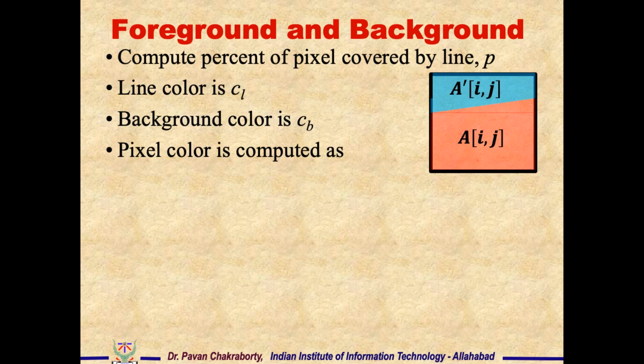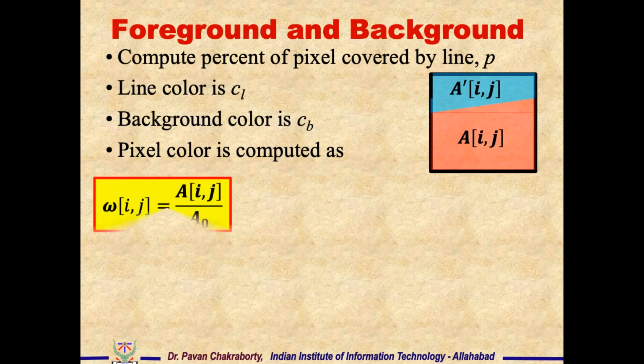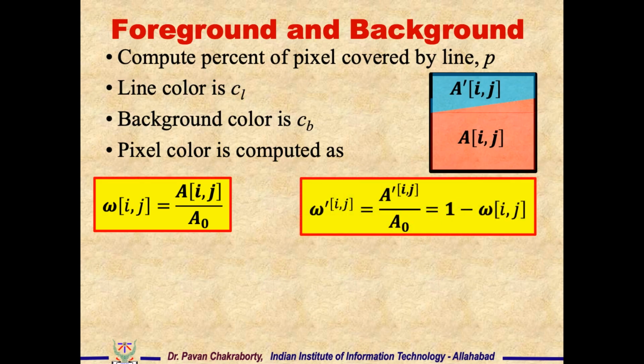Now, how do I determine in the edge what should be the intensity value of the pixel? So I have the weightage of the red area of the polygon or the line given as omega ij is equal to Aij upon A naught, while omega prime ij can be determined by A prime ij upon A naught, which is equal to 1 minus omega ij.